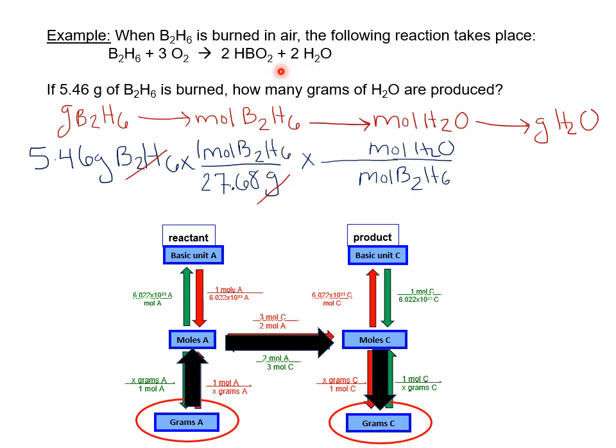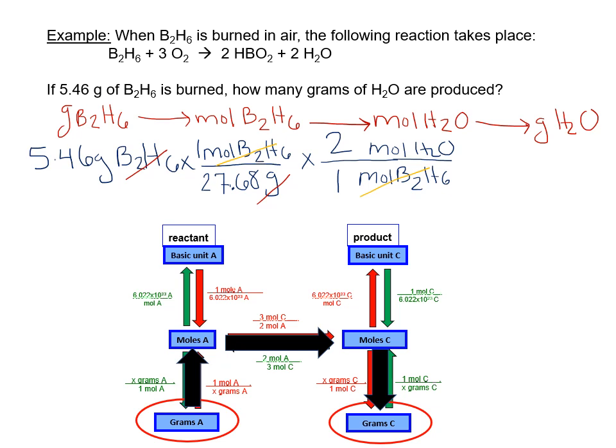Notice that according to this balanced equation, for every one B2H6, 2 water molecules are produced. So each 1 mole of B2H6, right, there's no coefficient, which indicates that it's a 1, makes 2 moles of water. So that's what I'm going to put, 2 waters for every 1 B2H6. So now the moles of B2H6 cancel each other.